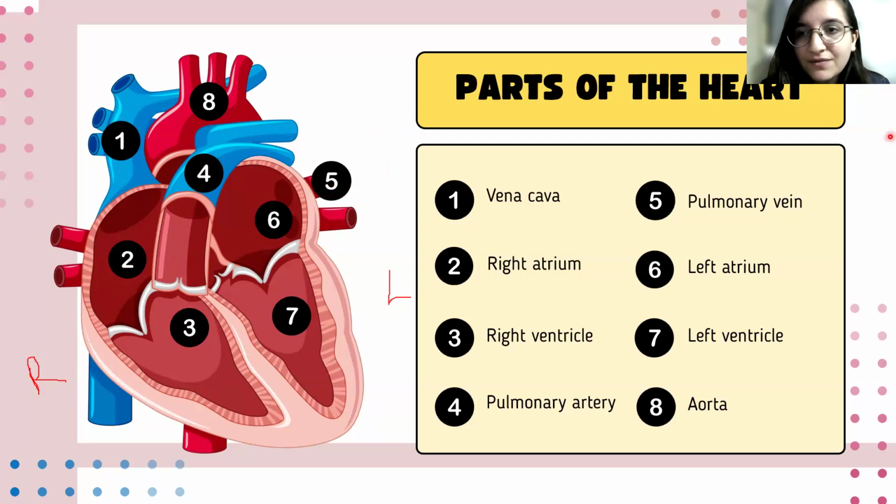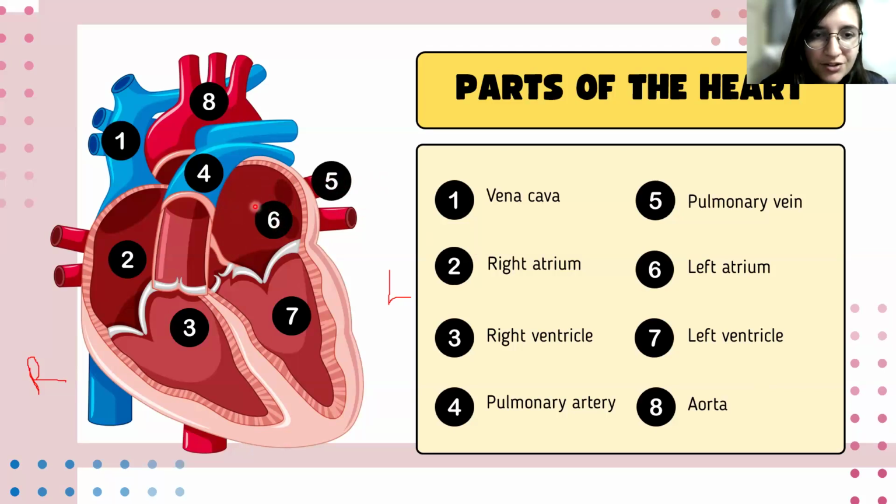So the pulmonary vein is the one that carries, sorry, we look at number 5. We're here at number 5 right now. The pulmonary vein carries the oxygenated blood, the blood that has oxygen. It will bring it back from the lungs here to number 6, the left atrium.